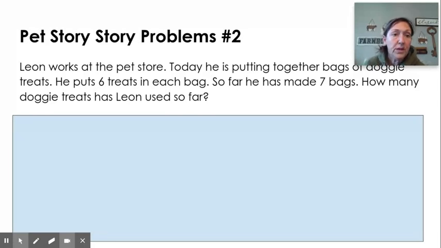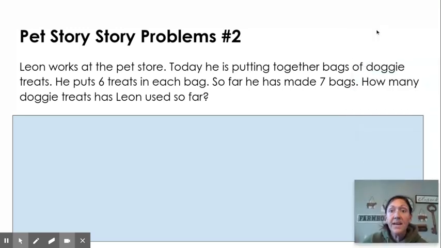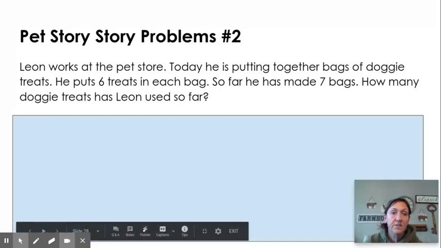Okay, the problem we're working on is this. Leon works at the pet store. Today, he's putting together a bag of doggy treats. He put 6 treats in each bag. So far, he has made 7 bags. How many doggy treats has Leon used this far? So far.